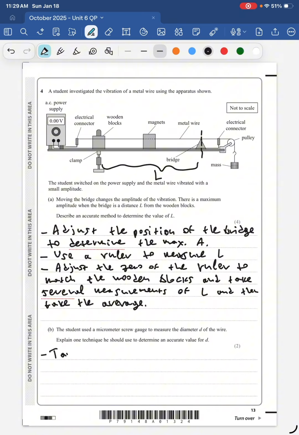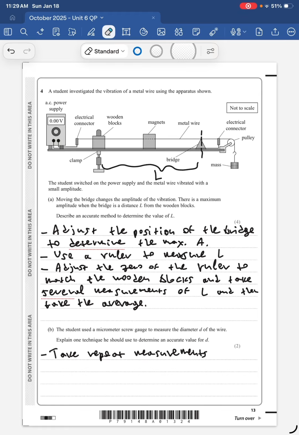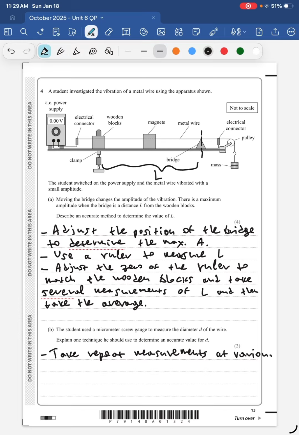So take repeat measurements at various orientations and take the mean to avoid random error.